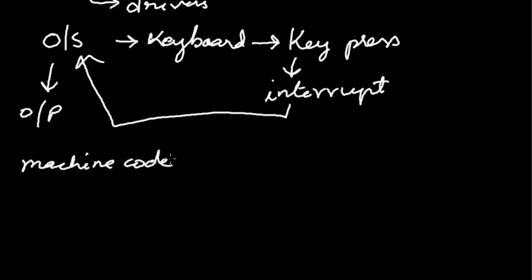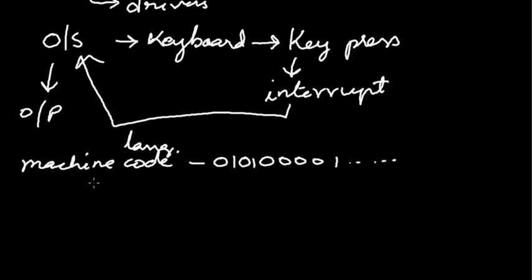But machine code is typically nothing but a string of zeros and ones. So how do we code in this language? Yes, it's possible, but it's a very time consuming task. So this machine code, or we can also call it machine language, we have to find some other language where it's easier for the user to code.